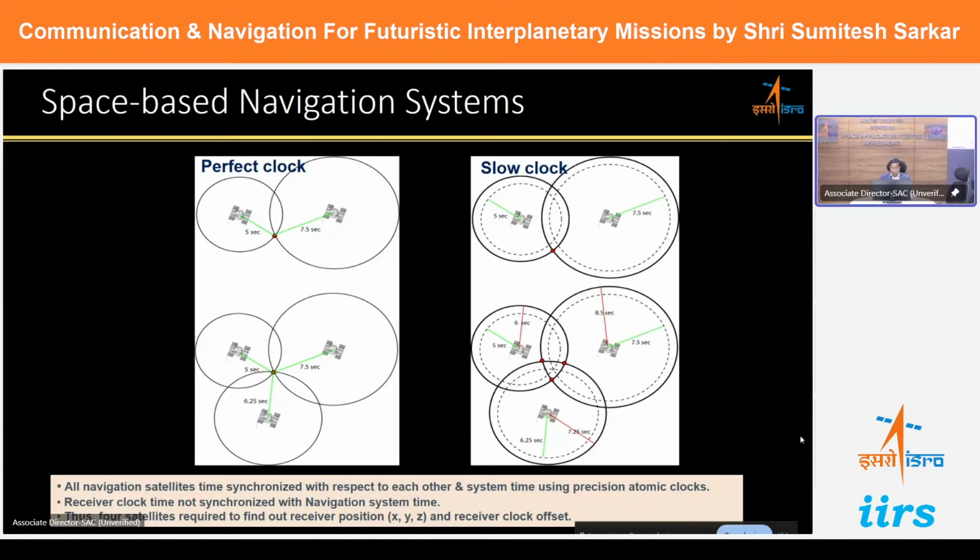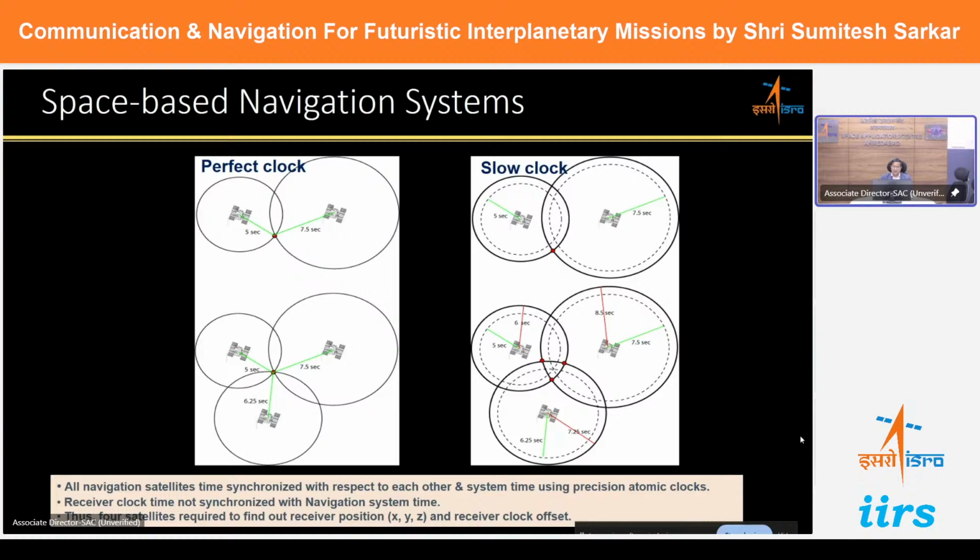And if you plot a sphere surrounding each satellite with that radius, they will converge at one point or maybe 2 points. From those, you can select your own point based on feasibility. If one point is away from the Earth, you can eliminate it and take the point which is on the surface of the Earth.